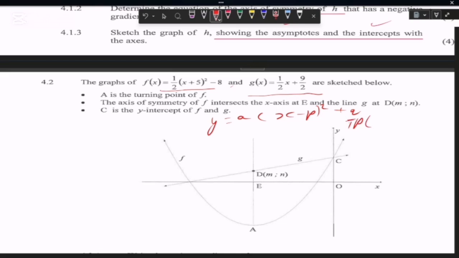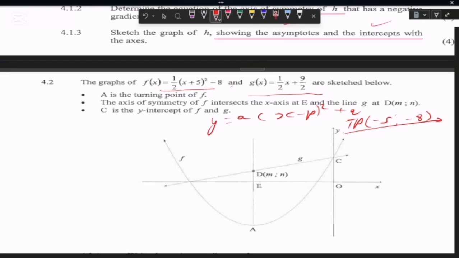Now, x is equal to p, which is negative 5, and y is equal to q is negative 8. So this is the coordinates of the turning point. If we look at our graph, it is essentially the coordinates of A, because A is the turning point.